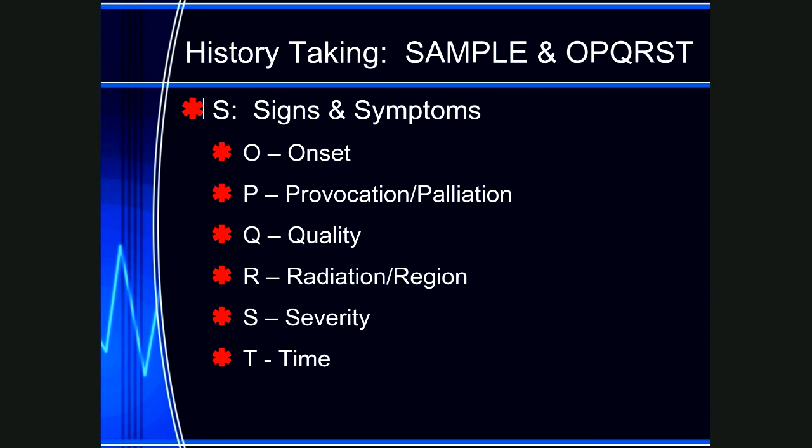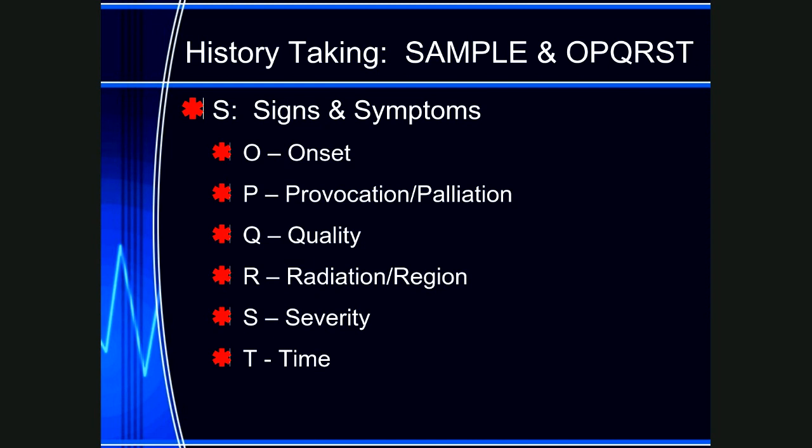Radiation, region, R. Does the pain go anywhere? Point with one finger to where it hurts the most. With that said, chest pain can radiate down the arm, up the neck, to the jaw.